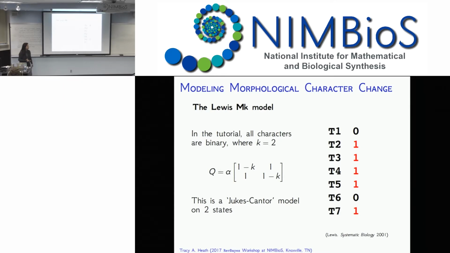For those of you who work on more molecular or genomic data, it's also worthwhile thinking about these types of models, because you can apply them to things like gene content data. You might look at all of the orthologous genes in your entire genome and ask whether presence or absence is something you can treat as an evolutionary character.